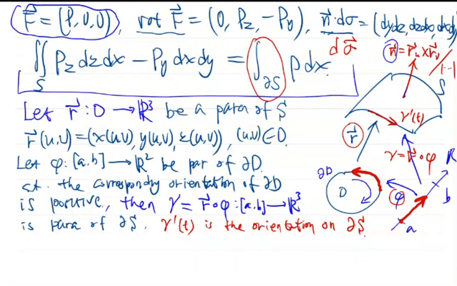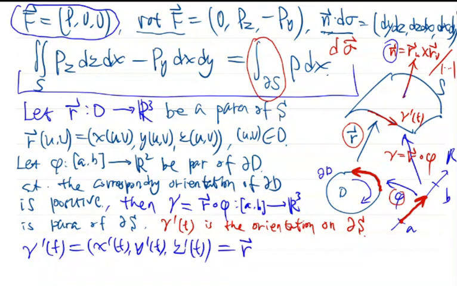Okay, so in this setting we have a parametrization of the surface, that is R, and also a parametrization of the boundary of D, that is our phi, and correspondingly we have an orientation of the boundary of S, that is our gamma. We have gamma prime(T) is (x'(T), y'(T), z'(T)). This is precisely the composition, because gamma is the composition of R and phi.